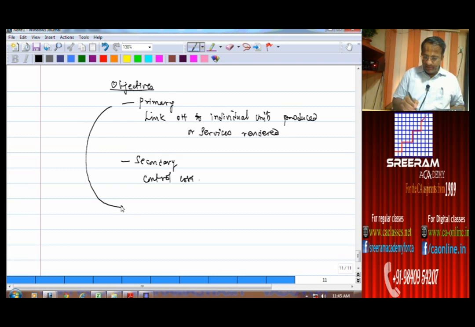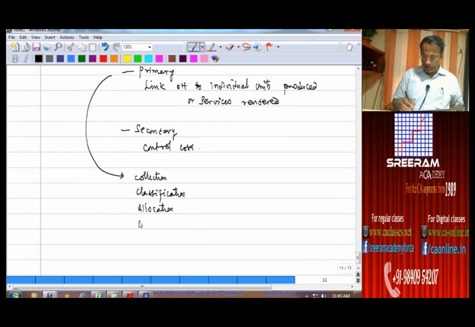collection, classification, allocation, apportionment, and absorption.